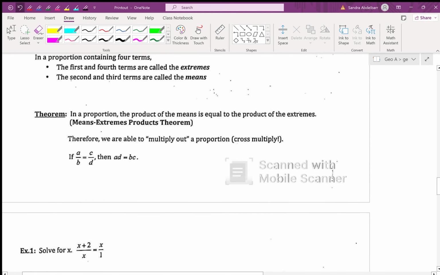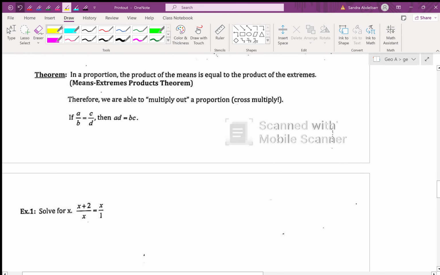And there's a theorem. We're not going to use this theorem until we get into proofs, but we will be doing proofs in this chapter. And the theorem is called the means extremes product theorem. Basically all the means extremes product theorem does is tell us we are allowed to cross multiply. That's essentially what it tells us. We are allowed to cross multiply a proportion.